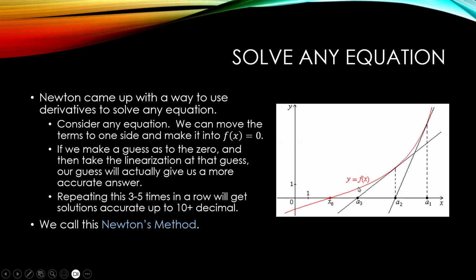If we do it again and just repeatedly apply this linearization process, we very quickly get to an answer which is very close to the actual value. Usually by the time you've done this 3 to 5 times, you're going to get up to 10 decimal places of accuracy, depending on where you started. And so using derivatives, you can solve any equation very quickly.